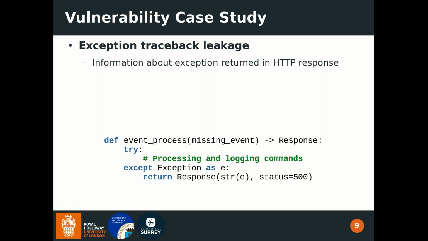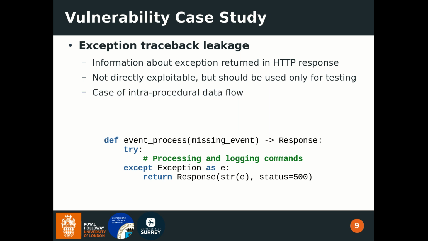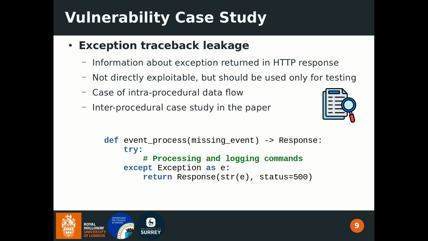This is not directly exploitable, but the pattern should be limited to the testing phase, because an attacker could benefit from it. The last observation is that this is a case of intra-procedural data flow. All the other vulnerabilities, except for one, are instead inter-procedural. One of them is illustrated in an additional case study included in the paper.